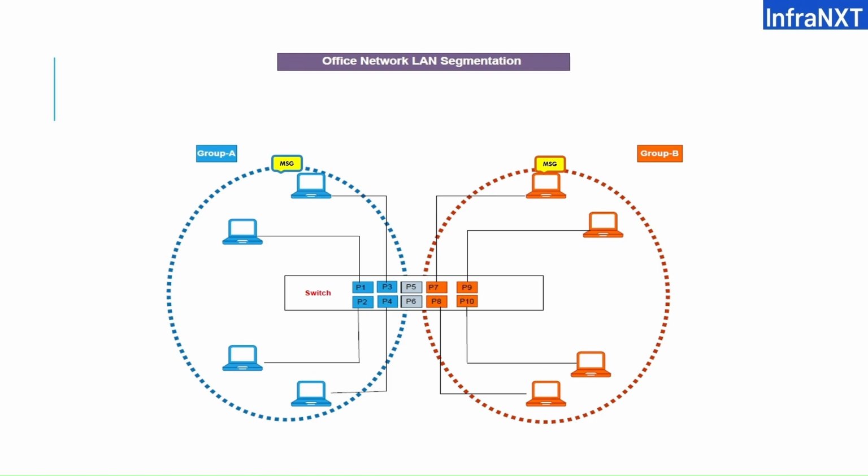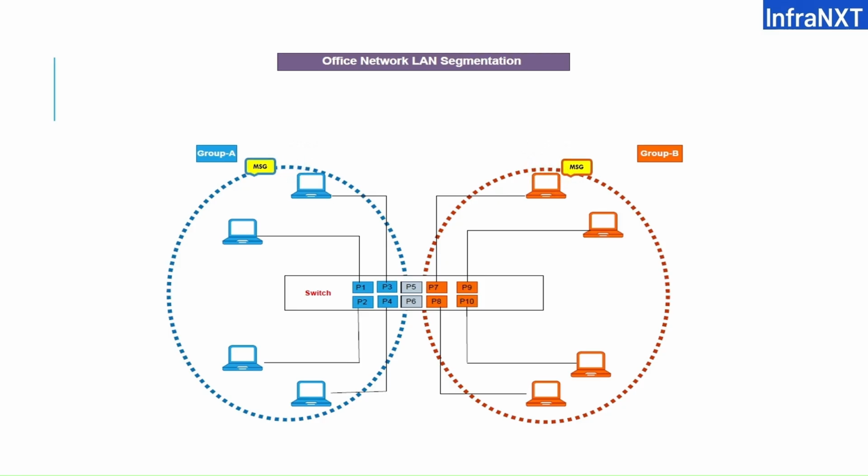Here in this diagram, you can see the big flat network broken into smaller isolated sections or segments, blue and orange. Each segment handles its own broadcast traffic and keeps unrelated departments or systems separated for better network performance and security.